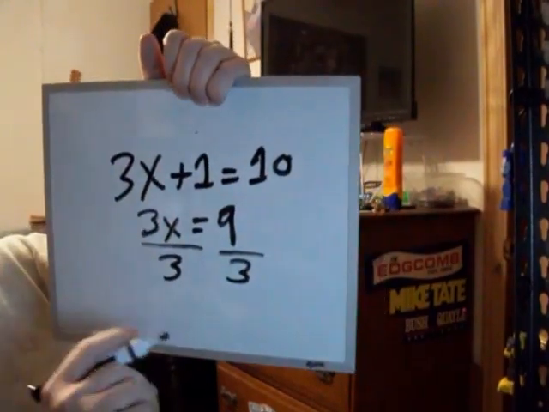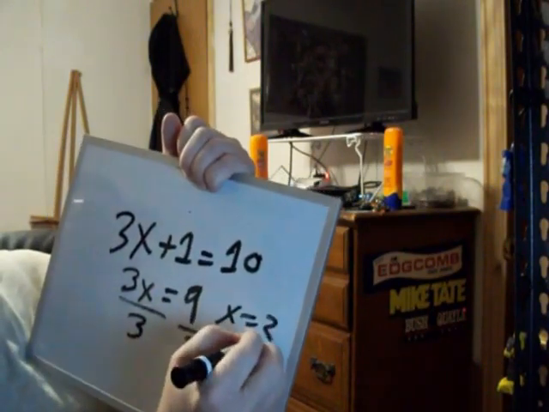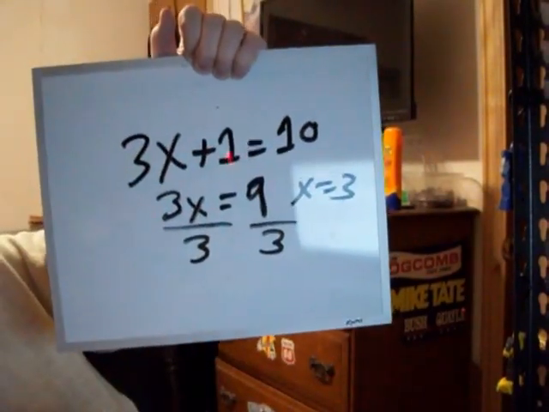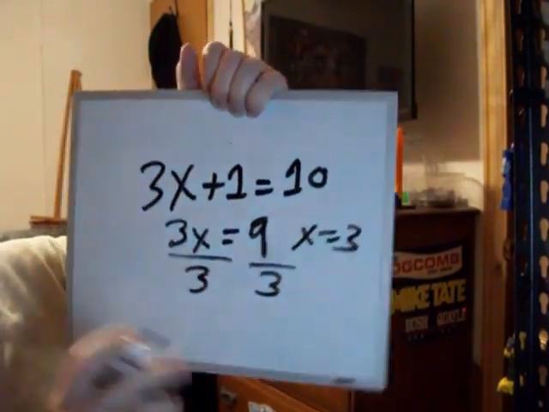And you get x equals 3. So if you subtract 1 from this side of the equation, you have to subtract 1 from that side of the equation. And that's the part I got wrong, and I'm sorry, and you can beat me up for it. Let's go ahead with another equation.